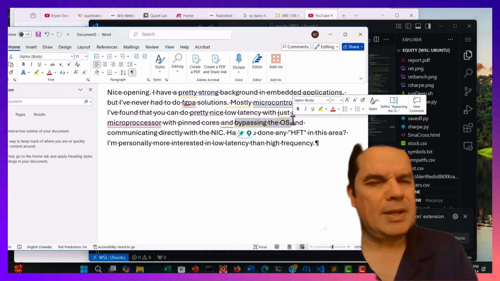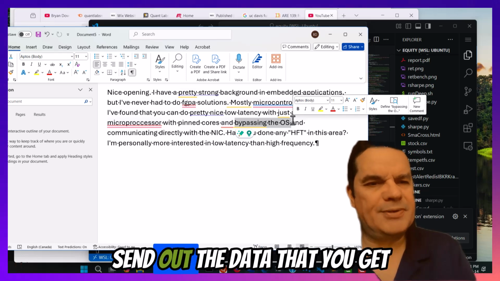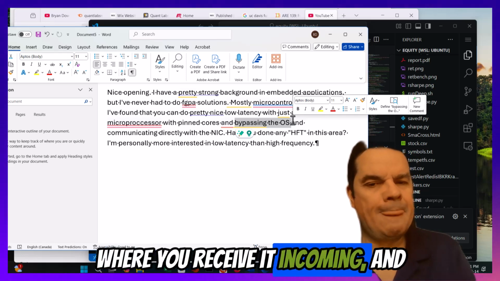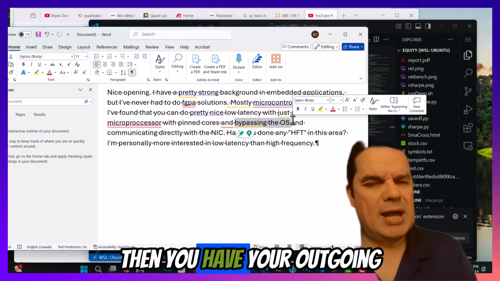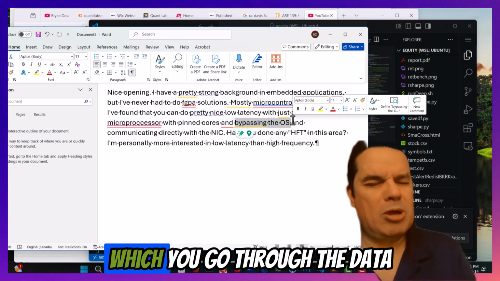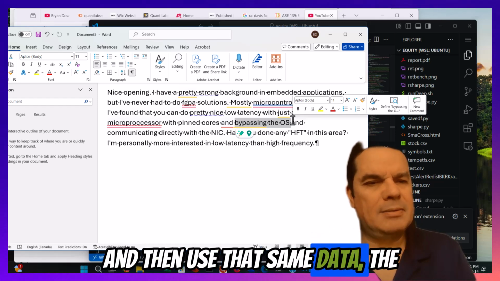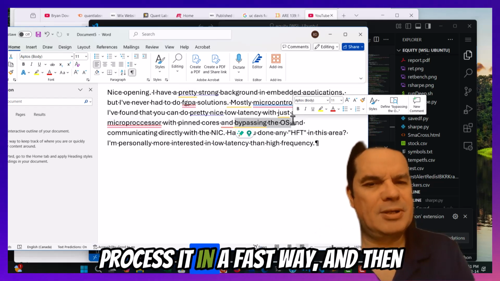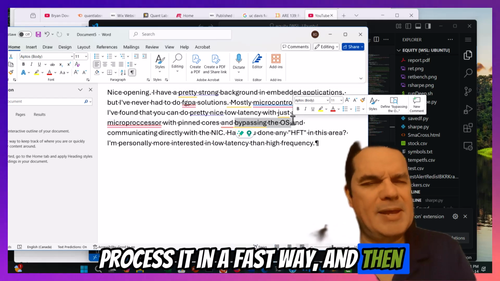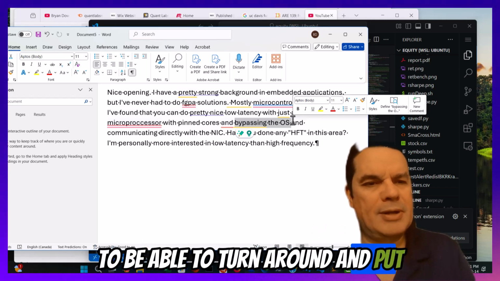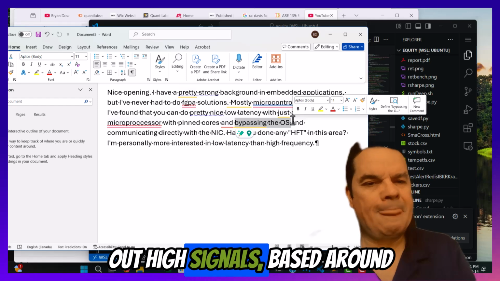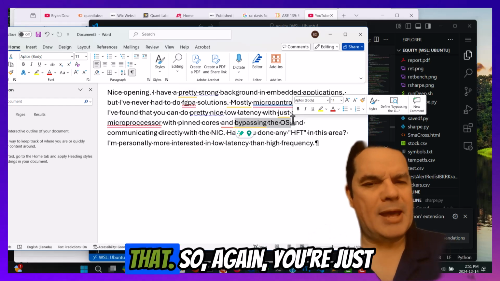So you can send out the data that you receive incoming, process it in a fast way, and then turn around and put out signals based around that.